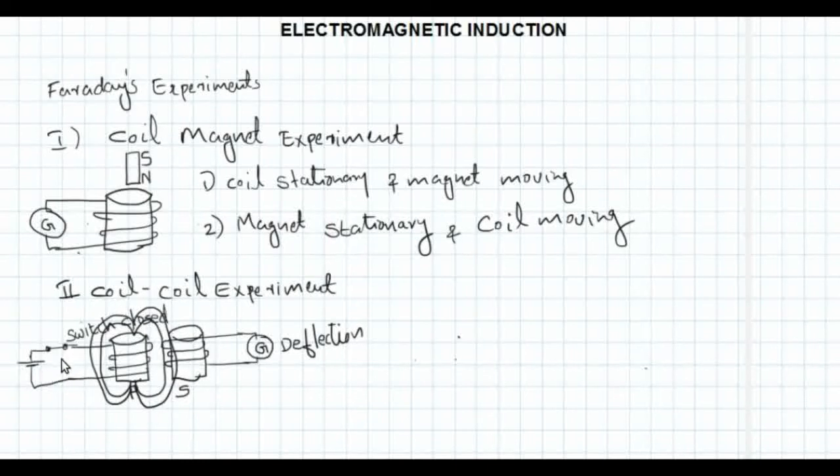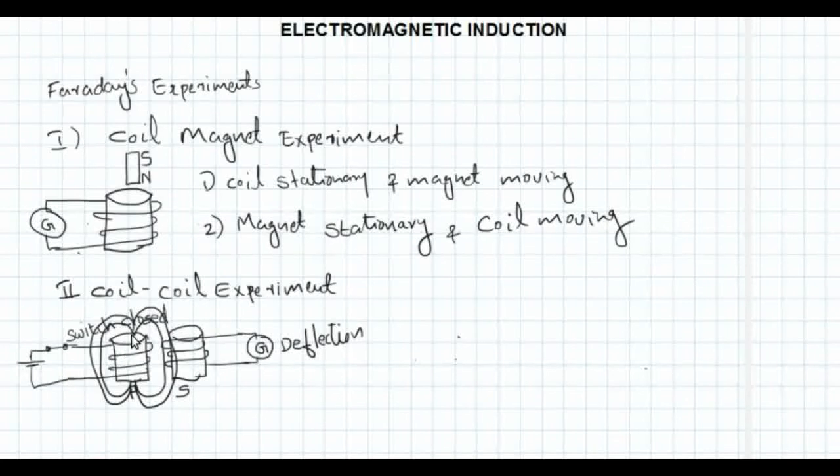When the switch is pressed, the current will start from say 0 ampere, then 1 ampere, 2 ampere, 4 ampere. Suppose this battery has a current capacity of 5 ampere. When we close the circuit, the current will start from 0, so 0, 1, 2, 3, 4, 5, right?